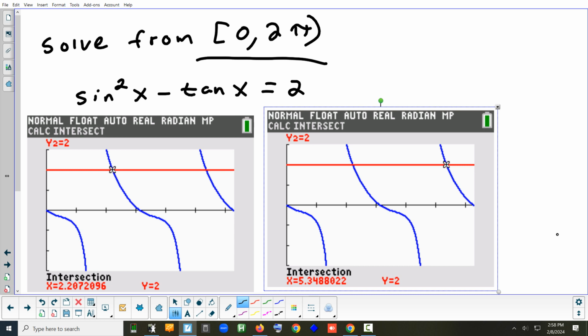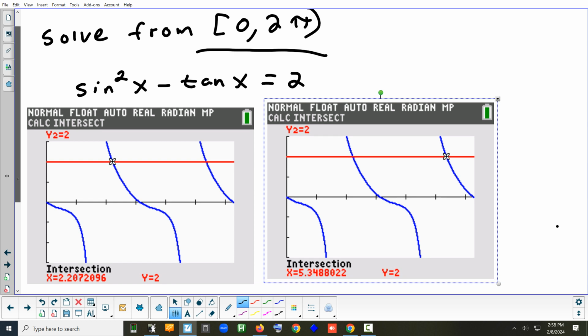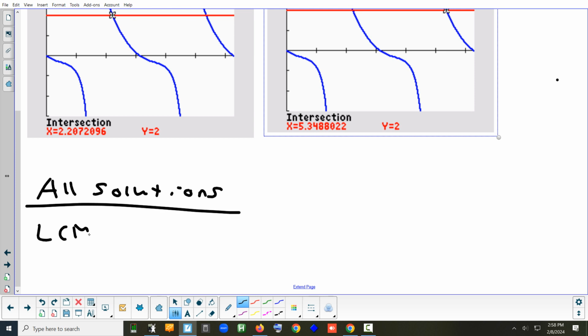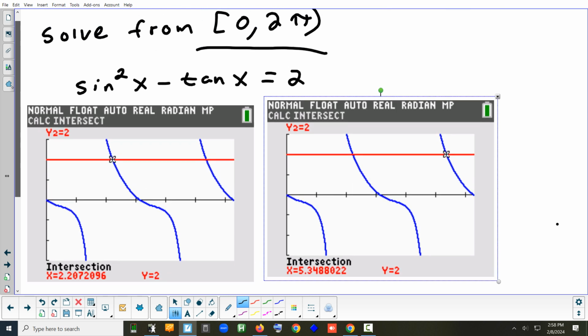Any question how to get the answers in that interval? All right. Now, let's say they wanted all solutions. If they want all solutions, the first thing you have to do is find the least common multiple of all periods.